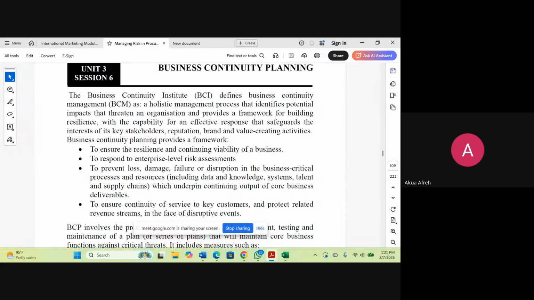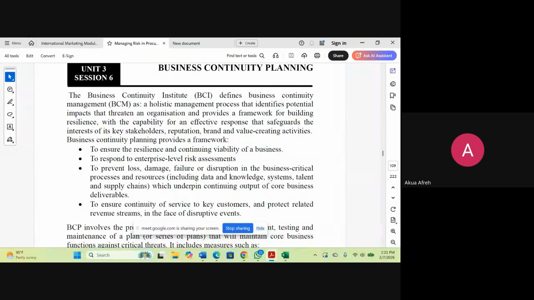Because when something happens, we have contingency plans, we have systems in place. When anything happens, we just fall on those things. The business still stands.